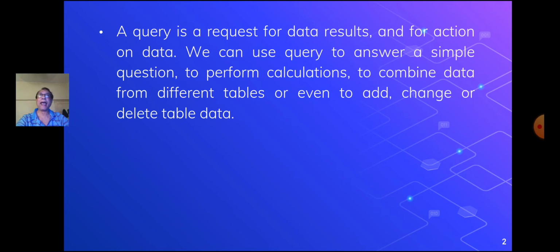Queries that add, change, or delete data are called action queries. A crosstab query uses row headings and column headings so we can see data in terms of two categories at once. We can also use a query to supply data for a form or report.